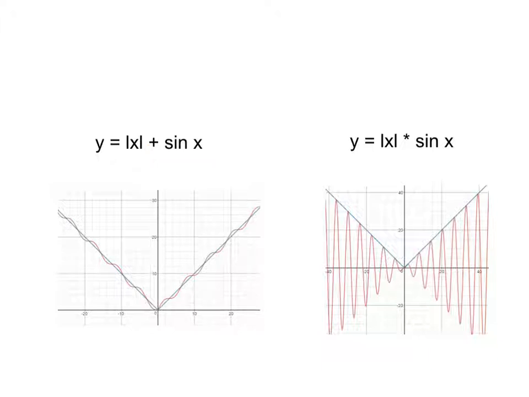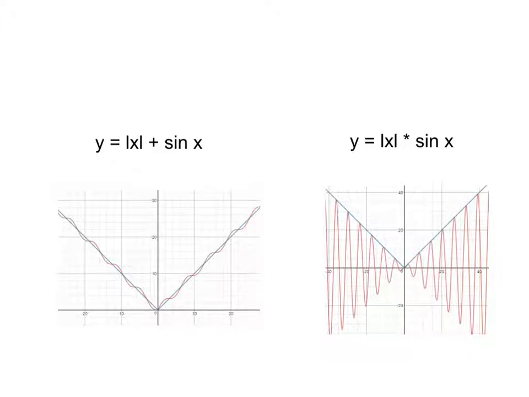My sine graph is going up by whatever the absolute value graph happens to be at that spot. At 0, the absolute value is 0, so my sine graph is still at 0 and it doesn't move up. But as the absolute value starts heading up, my nice sine wave has to also move up. And it looks like it wraps around that function.